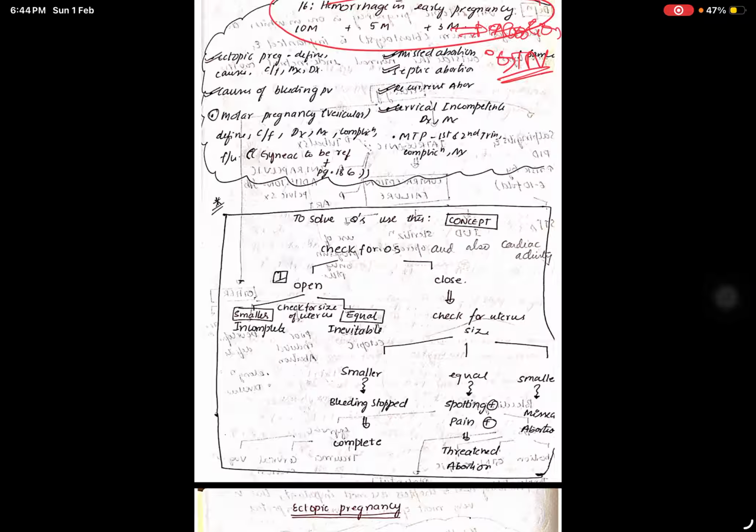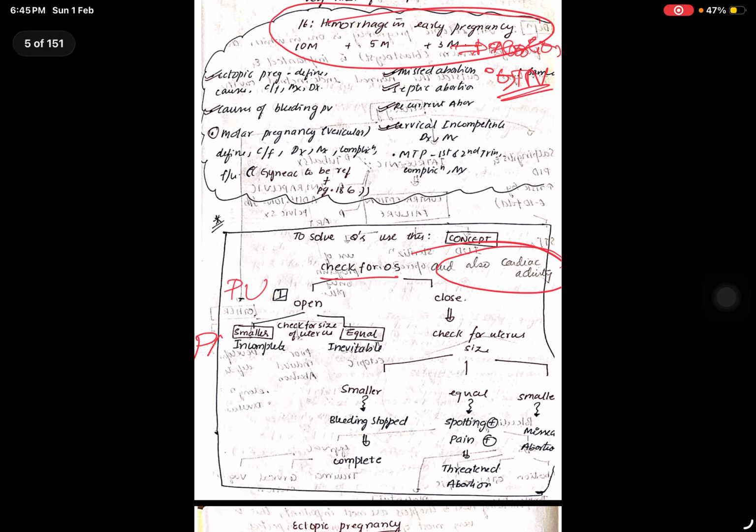So firstly, let us know the concept of abortion. Firstly you have to check the os and also measure the cardiac activity. This is per speculum examination, and this is per abdominal examination. When you do that, if you see the os is open, you have only 2 differentials.